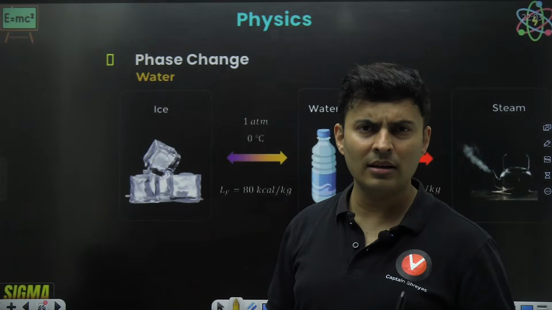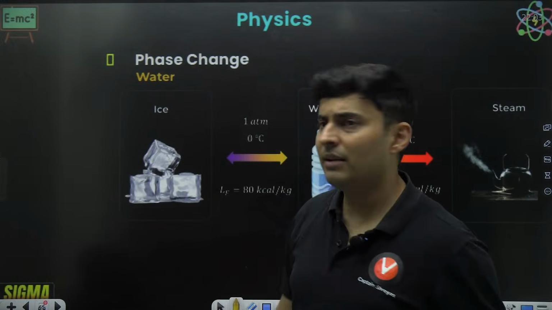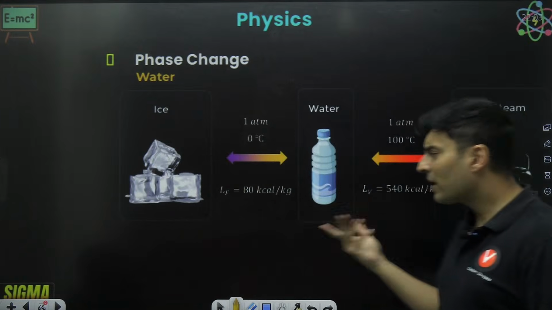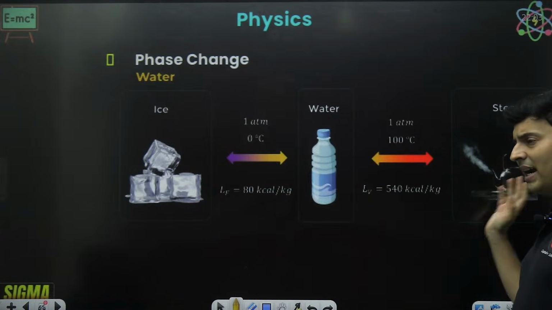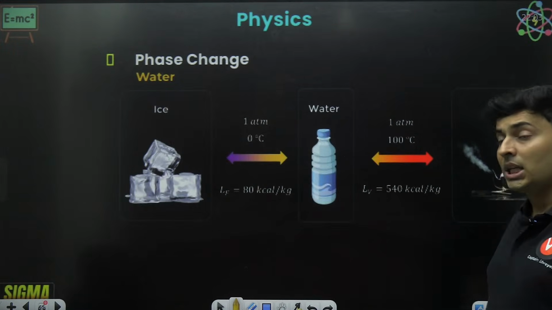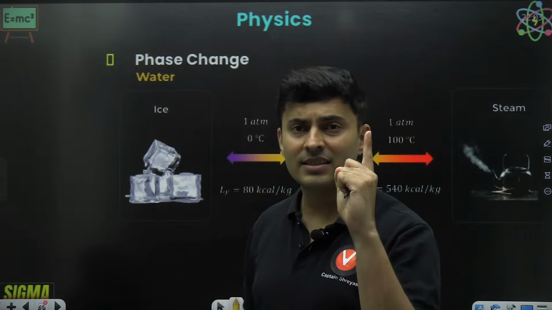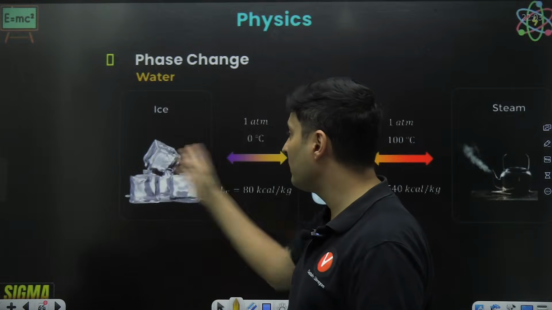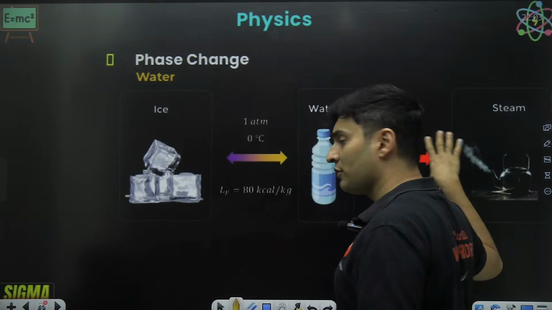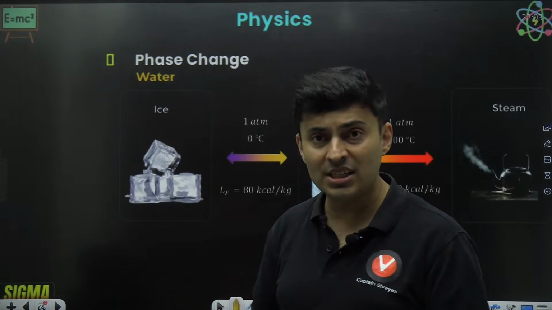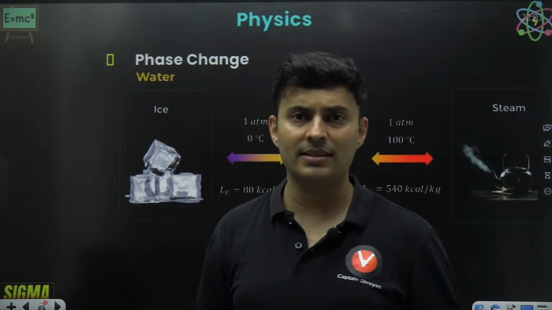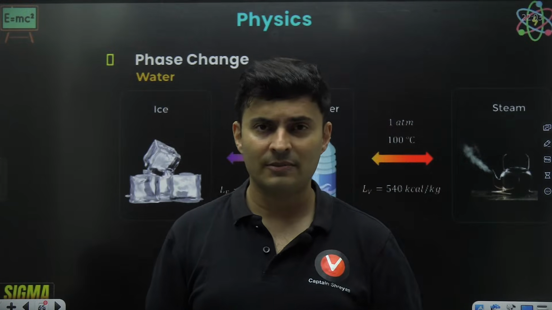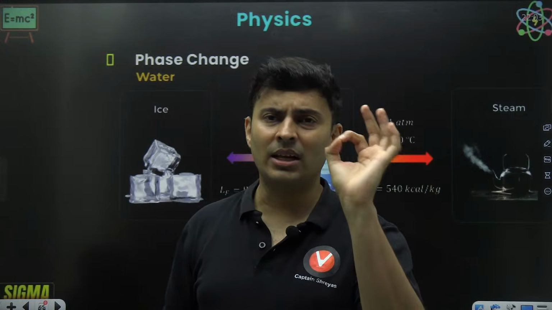Is this clear? This means whenever I convert solid to liquid, liquid to solid, or same thing also true for liquid to gas and even gas to liquid, the temperature remains the same in the phase transformation. During the phase transformation, the temperature remains the same, meaning it's an isothermal process. Iso means same, thermal means temperature.